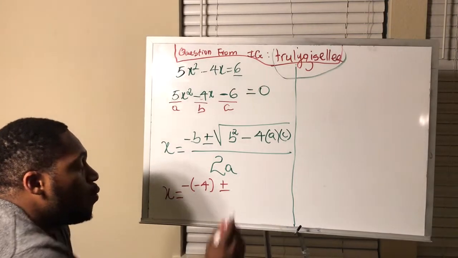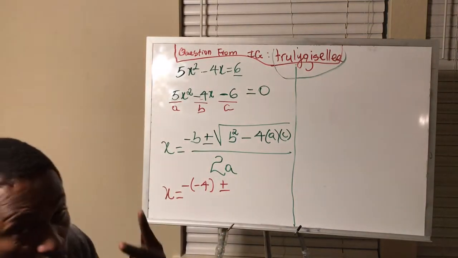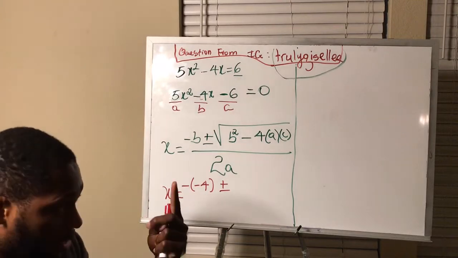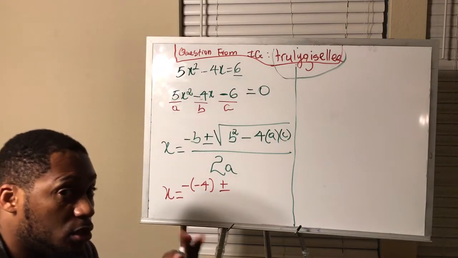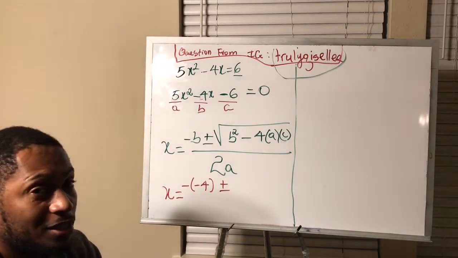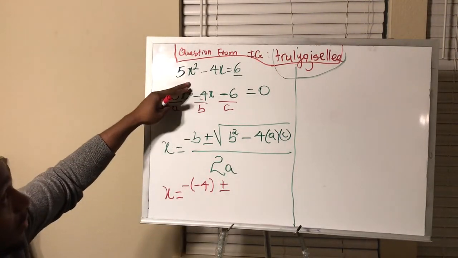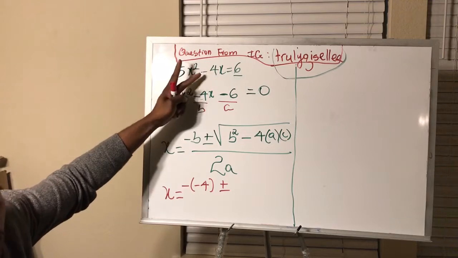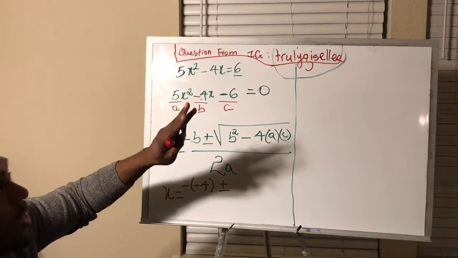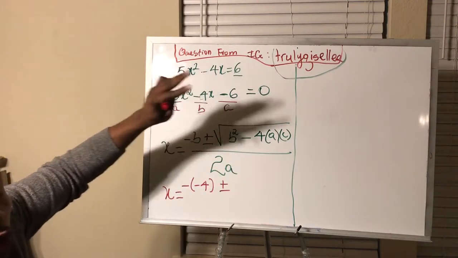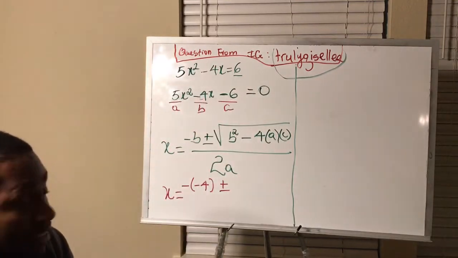Plus or minus. What that means is there are two solutions for x: a solution with the plus sign, and a solution with the negative sign. So there are two x's that satisfy this equation. The reason for that is the power is 2. If you had a cubic equation, at most you can have 3 x's that satisfy it.